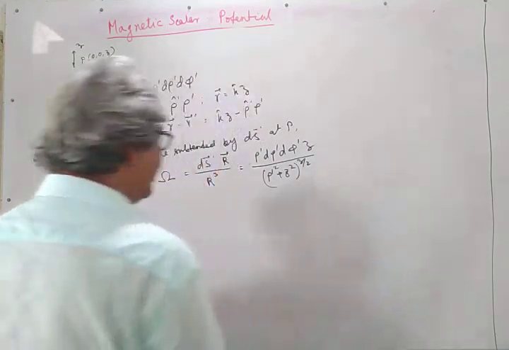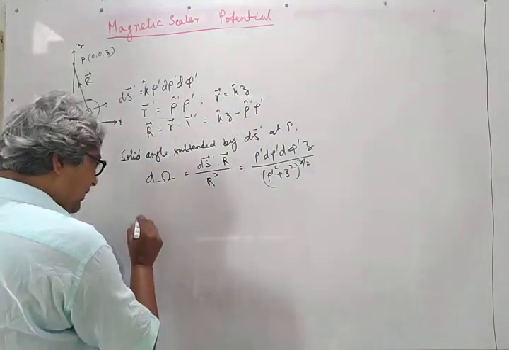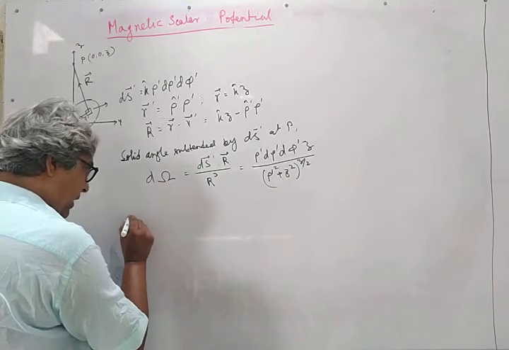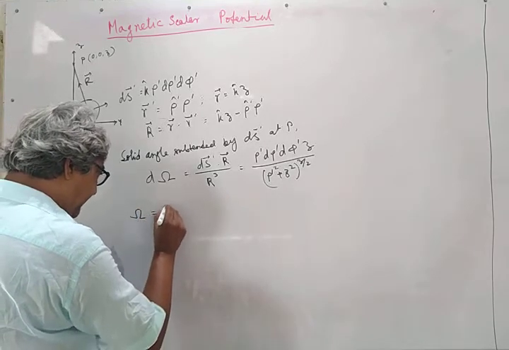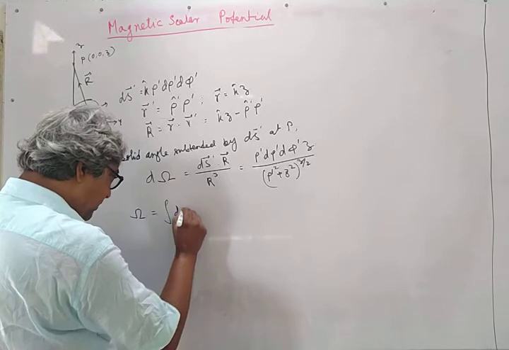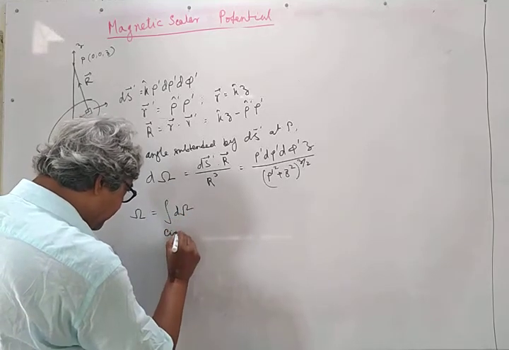If we want to find the total solid angle that is subtended at point P, this is the integration of the solid angle over the circle of radius a.